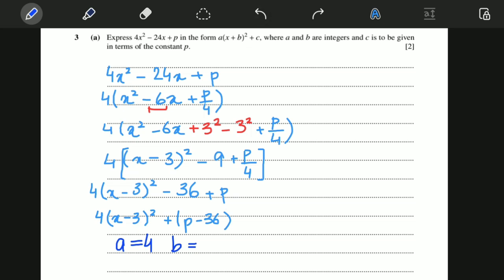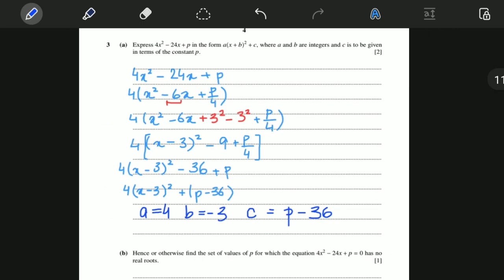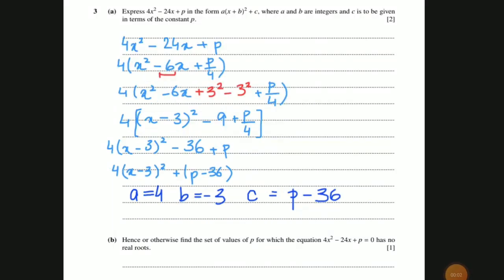Okay, I hope you get it. In the normal completed square form the b is positive, but here it is negative, so it means there is a negative sign with the number that is equal to b. Okay, third, c is going to be p minus 36. Okay, so this is all that we have. Okay, so part B now.